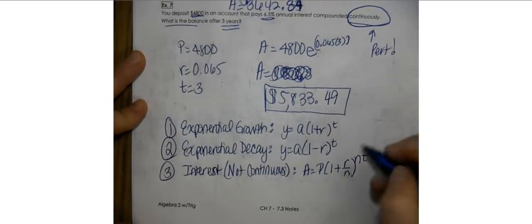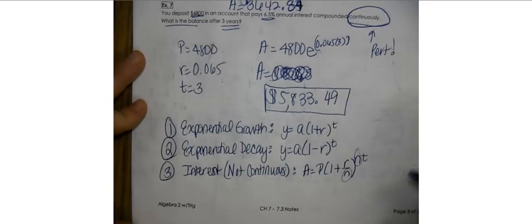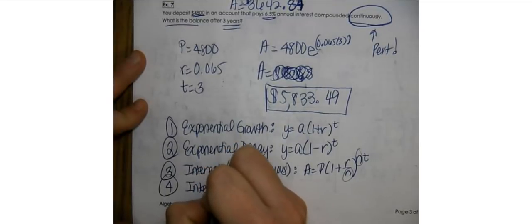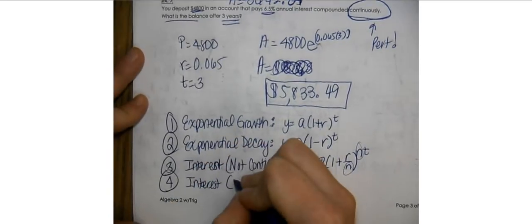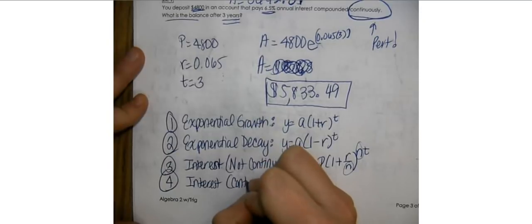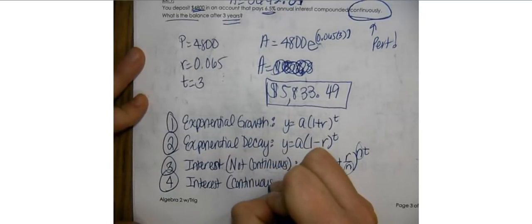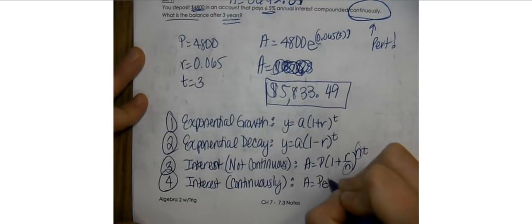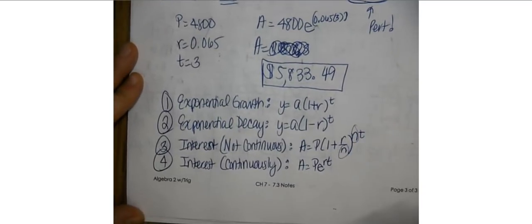And N represents the number of times that interest is being compounded. And our fourth formula is another interest formula, but this is where interest is compounded continuously. And that formula is A is equal to P times E raised to the RT power, and that is PERT.